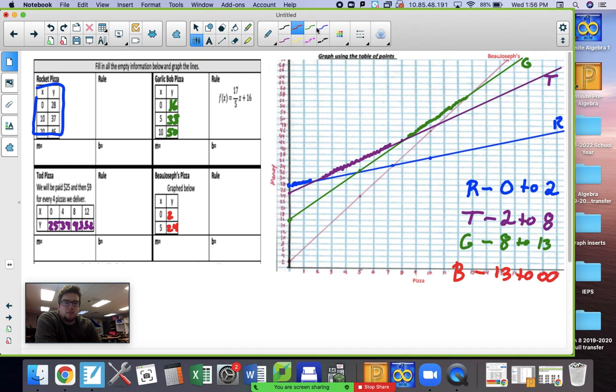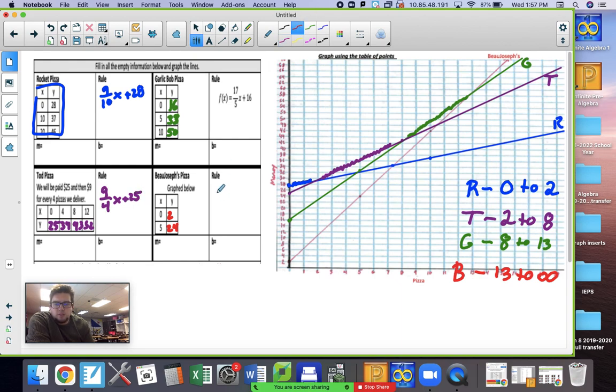Just to help us kind of visualize it even further, if the graph hasn't helped us, if we were to pick 20 pizzas, if I were to sell 20 pizzas in one day, looking at our rules, so this one was, Rocket Pizza was 9/10 x plus 28. We know what that one is. Our rule for Todd Pizza was 9/4 x plus 25.